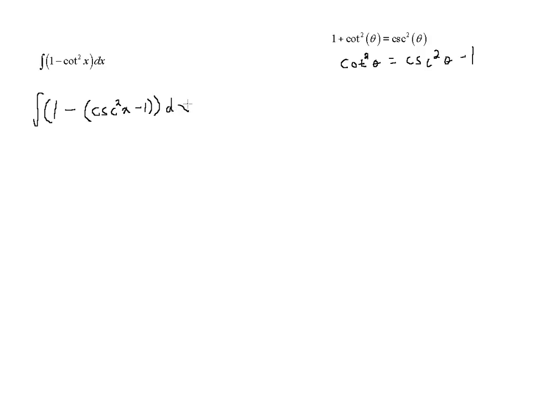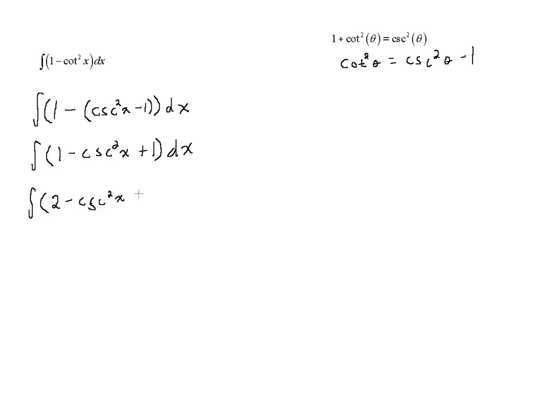Now I'm going to distribute that negative sign, so I get 1 minus the cosecant squared of x. Negative times a negative is a positive 1 dx. Now I'm just going to add that 1 and that 1 together, and I get the indefinite integral of 2 minus the cosecant squared of x dx.